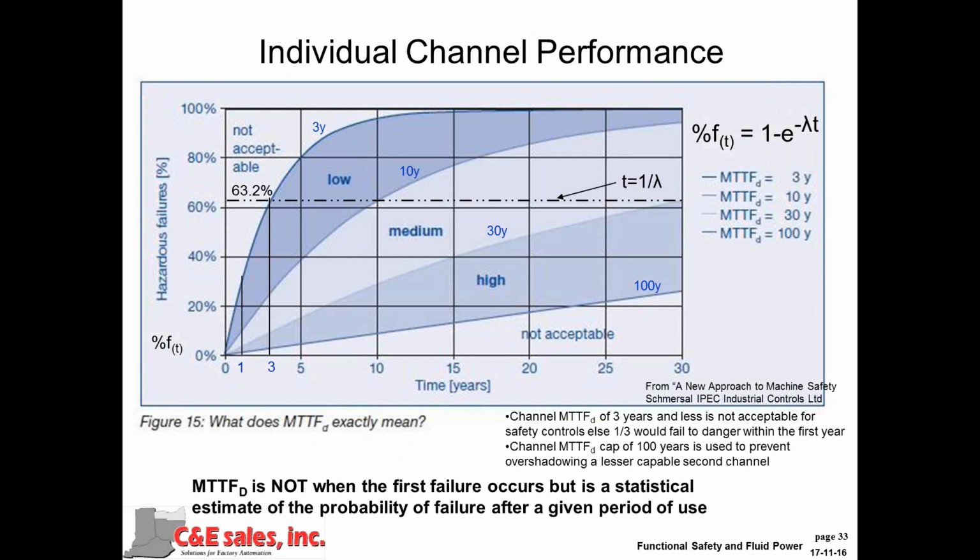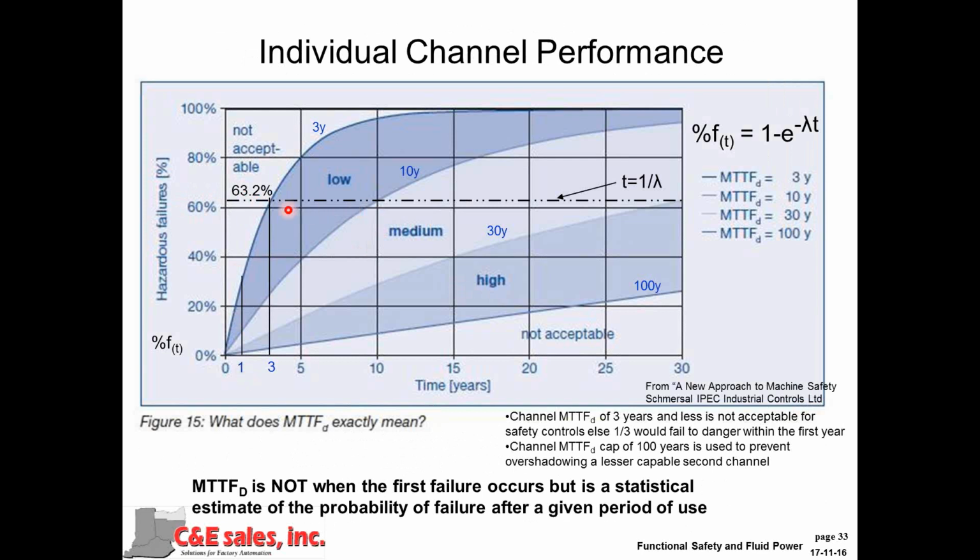The one thing that I want to make clear is that mean time to dangerous failure is not when the first failure occurs, but is a statistical value that says if I run my system to the mean time to dangerous failure, or for the period of time indicated between failures of the failure per hour, then I will have had a 63% chance of having a failure.